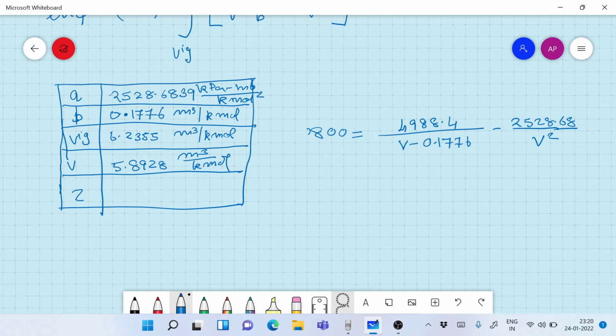Now the only thing that remains is the value of Z. That's 8.314 on the denominator.